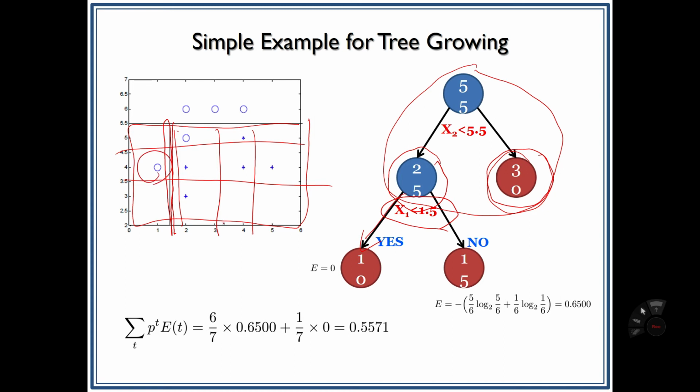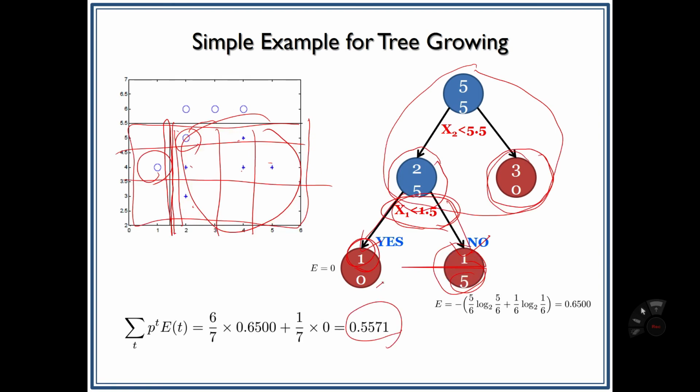So there's only one class 1 object, and these 1, 2, 3, 4, 5, 6 objects which do not satisfy this condition go in this direction, and we have one class 1 object and 5 class 2 objects. Then in this case, the weighted information entropy is this one.